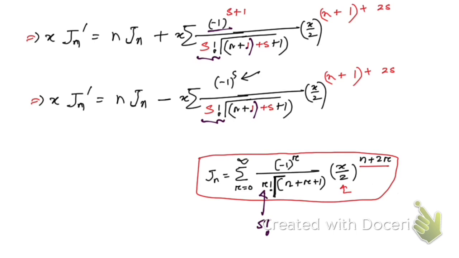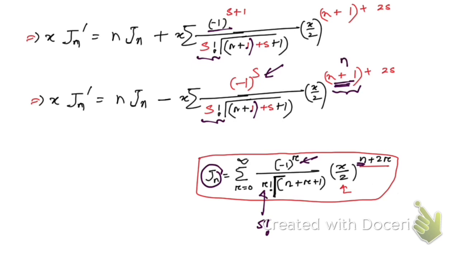So here we have again minus 1 to the power s, here we have minus 1 to the power s. Now you can compare this term with this minus 1 to the power r, and you can compare this n with this n plus 1. So this is Jn, and instead of n we have n plus 1, right?